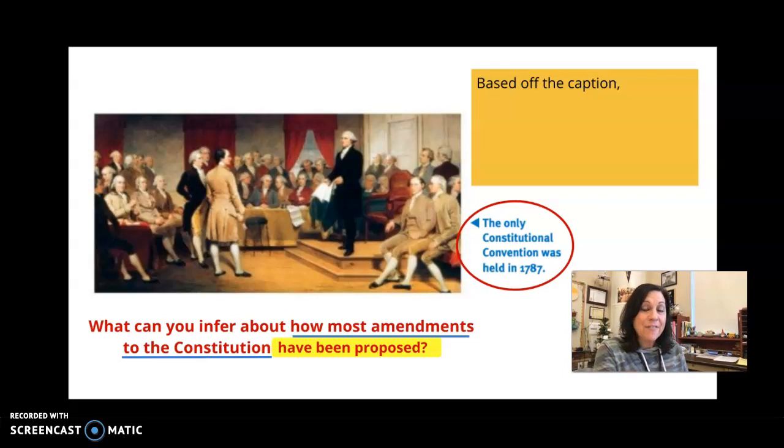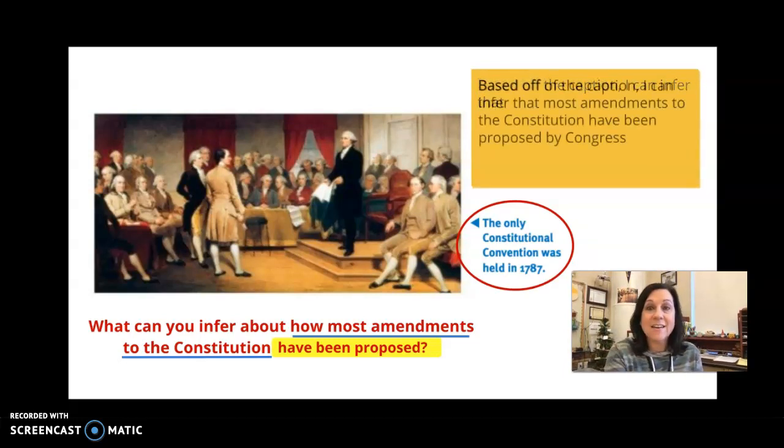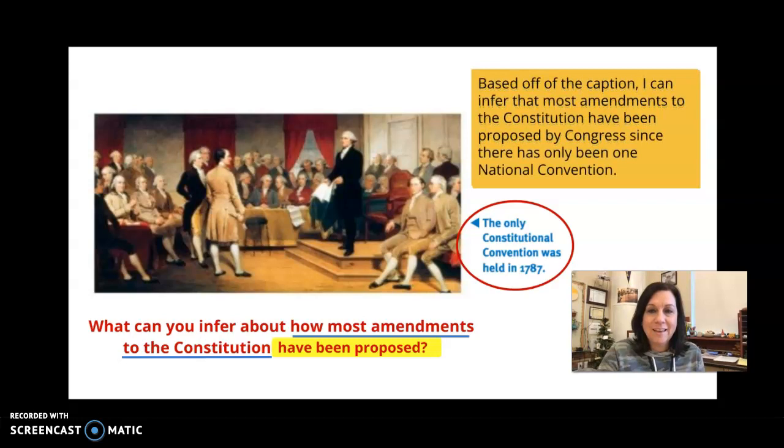So based off the caption, we can infer that most amendments to the Constitution have been proposed by Congress. Since there has only been one national convention. Sorry, I missed that part. One national convention, we can infer that most amendments to the Constitution have been proposed by Congress.